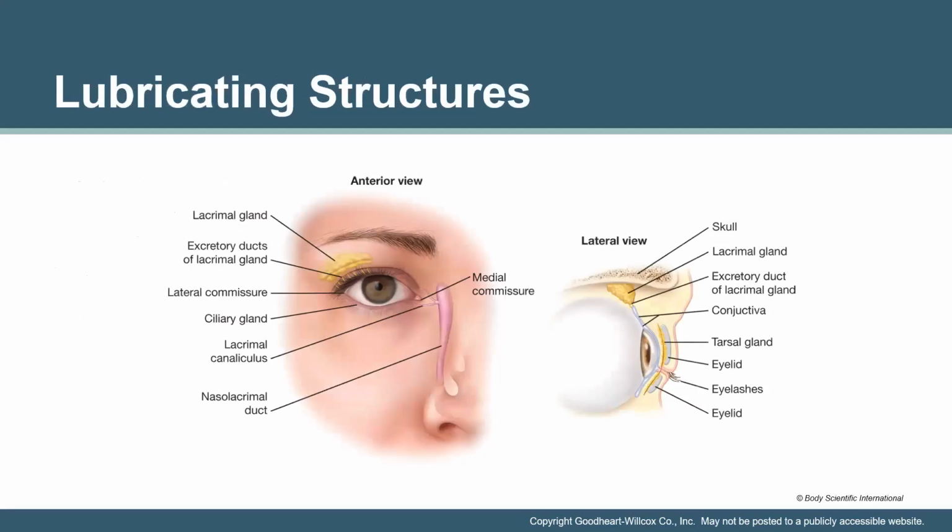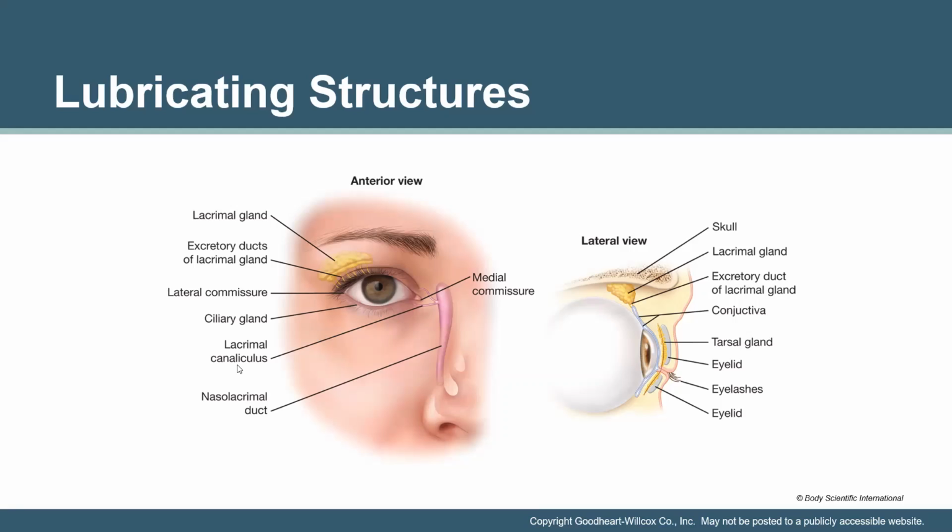Here's a good picture on this slide that shows us where everything is located. So let's just walk through that. Here are our lacrimal glands. They're actually on the outer portion, above your eye, the lateral portion. The nasolacrimal duct goes right into your nose.